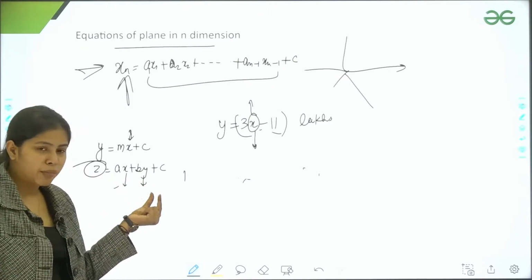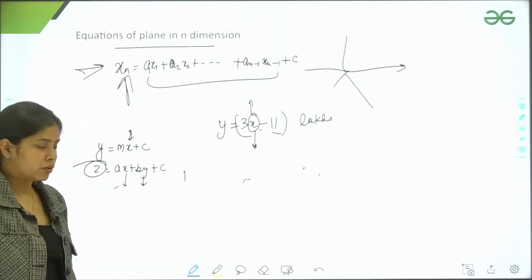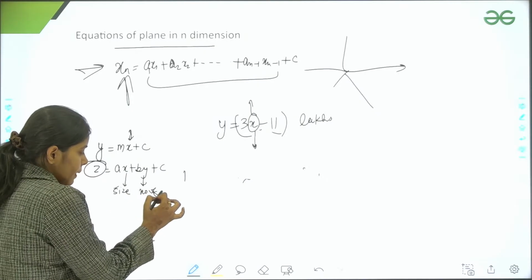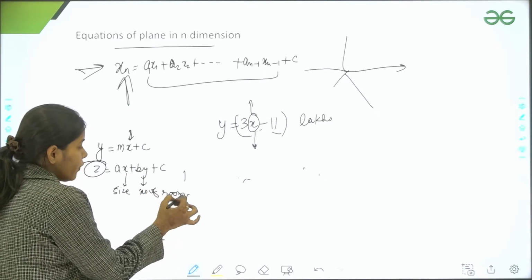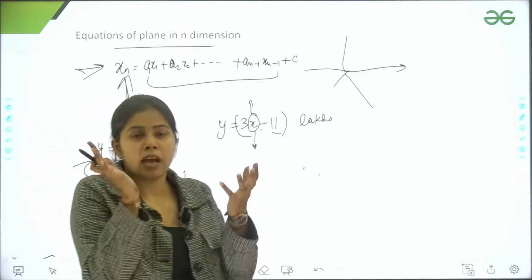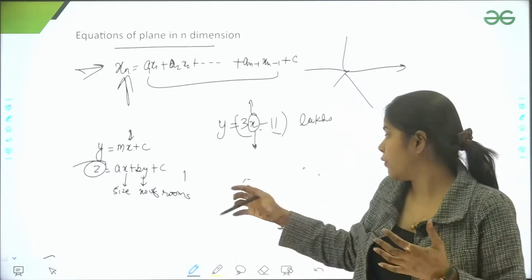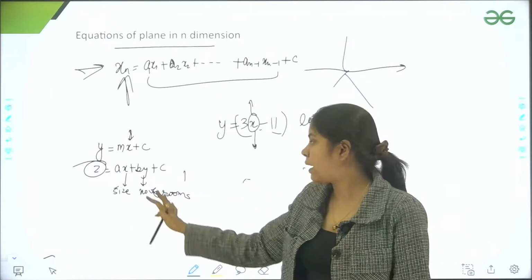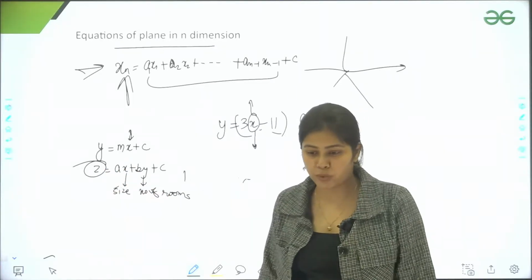This is size and this is number of rooms. Because a, b, c I have to find out by myself, x and y are variables. So let's suppose somebody asks me, I want 4 rooms in a house with a size of, let's say, 1500 square feet, then I can calculate the price of the house corresponding to that.